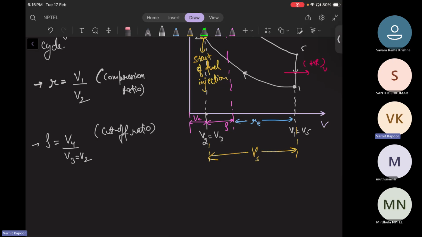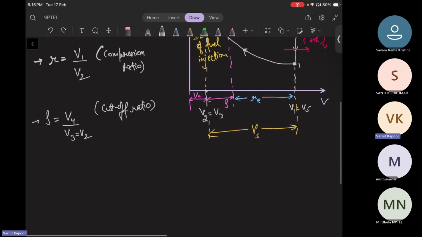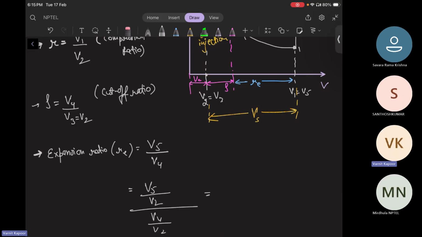So this is cutoff ratio. Then expansion ratio is from 4 to 5. So it will be V5 by V4, expansion ratio. V5 by V2. What is V5 by V2?